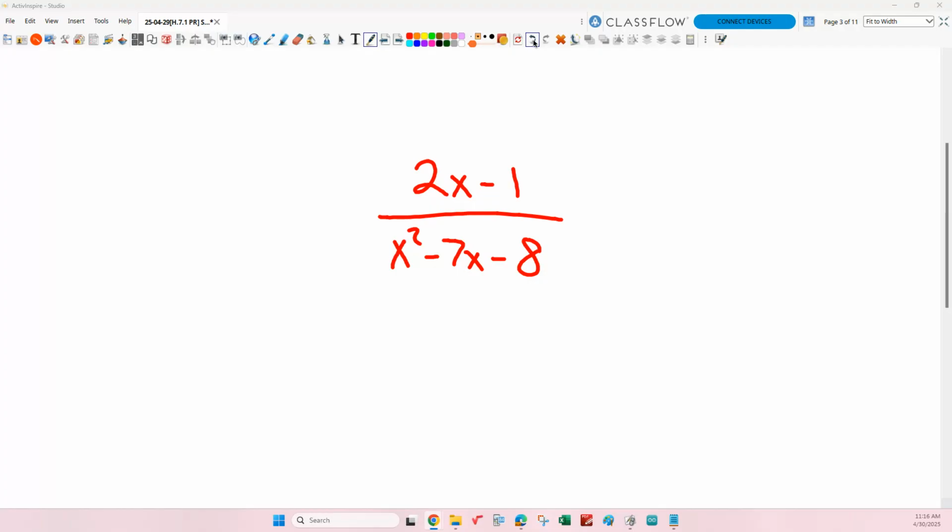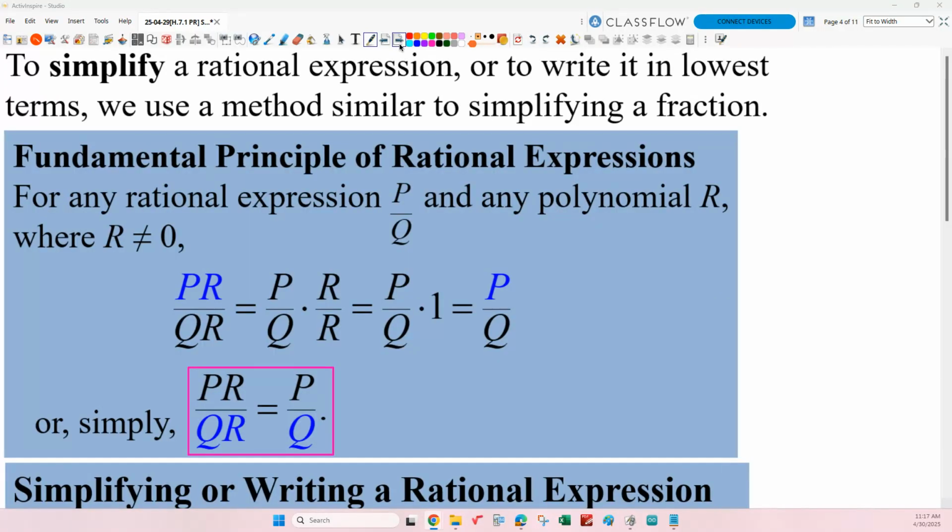We'll still use this, factoring and finding the zeros of the denominator. It just gets a little more complicated. Well, there's more steps involved. But we feeling solid about the domain? Okay. So if we get into simplifying it, it's kind of just like normal fractions, right? Whatever you have on top cancels out with the same thing on the bottom, right?